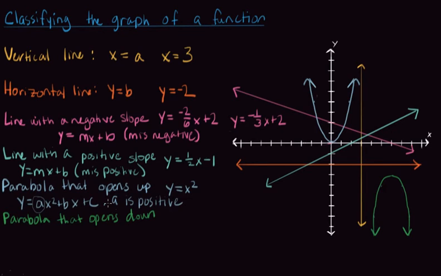Again, you might need to simplify to get it into this form, but if that leading coefficient is positive, then it's a parabola that opens up. And then the opposite is true for a parabola that opens down. The leading coefficient is negative when a parabola opens down. So it's y equals ax squared plus bx plus c, where a is negative.